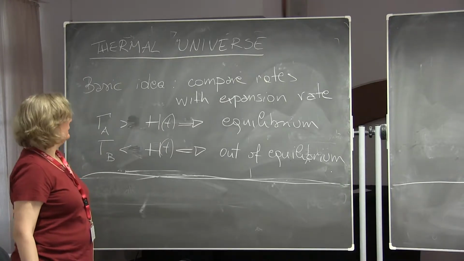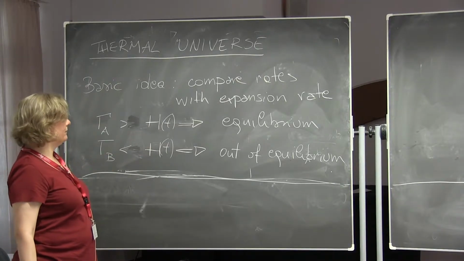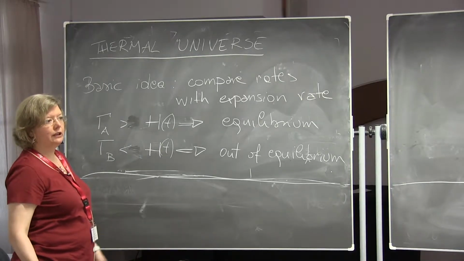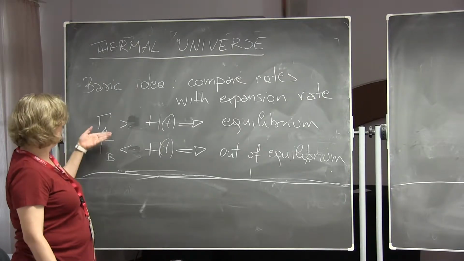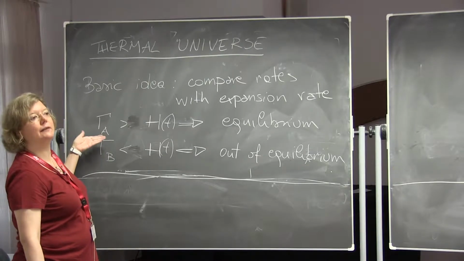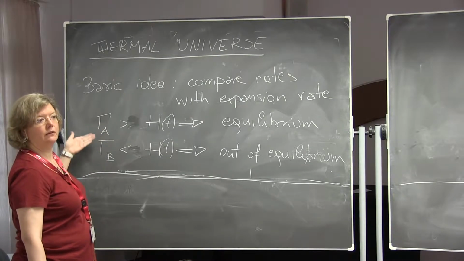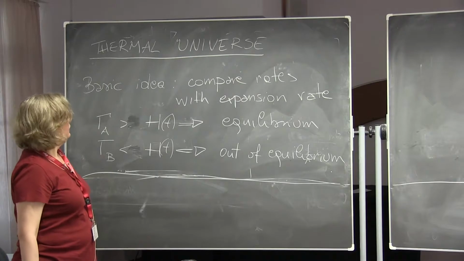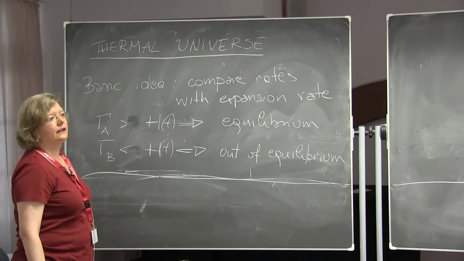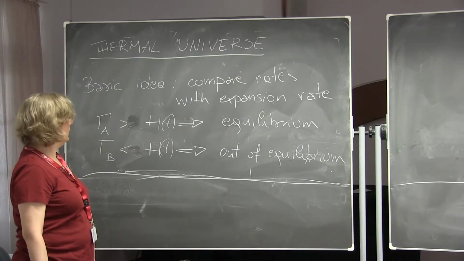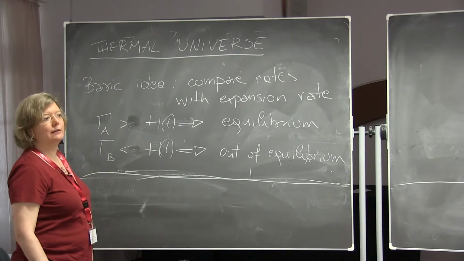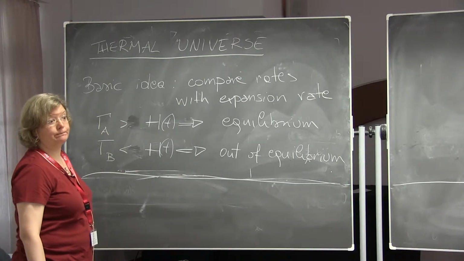This means that you can have processes which are in equilibrium and go out of equilibrium, or vice versa, depending on the time dependence of the rates. Usually also, as we will see in a minute, in thermodynamics we don't like to use time as a variable. We tend to use the temperature.